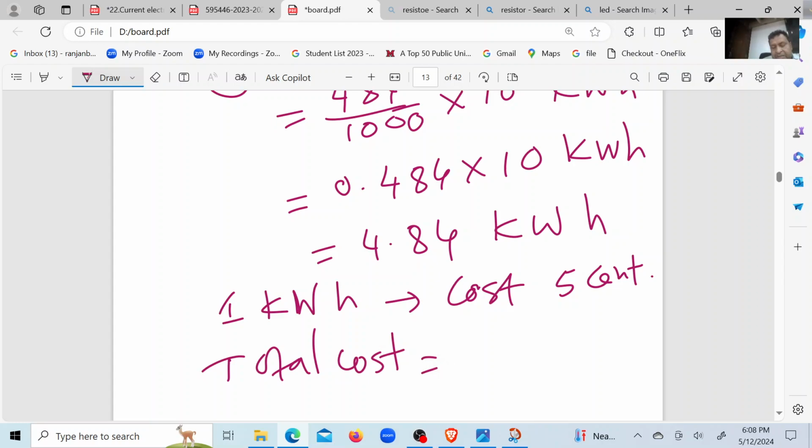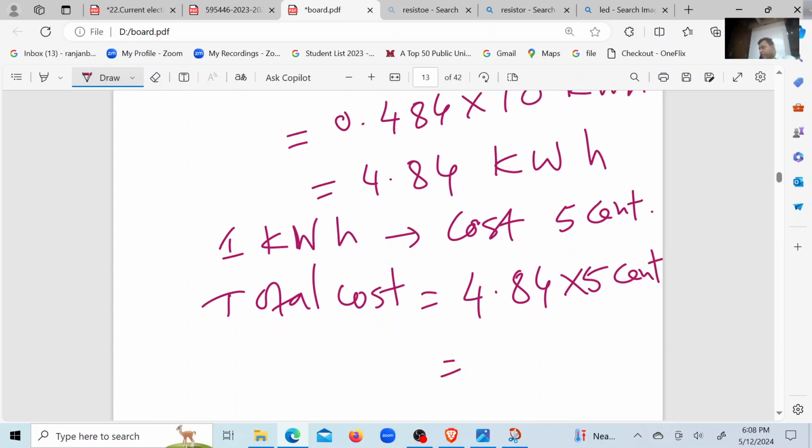Total cost is 4.84 into 5 cent. So it will be 24.2 cent. Right? Okay.